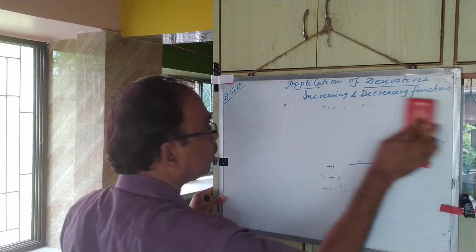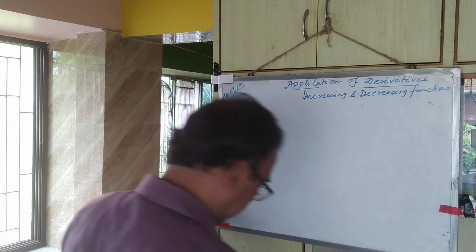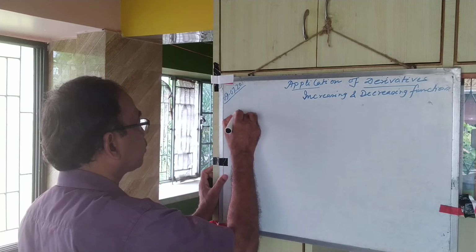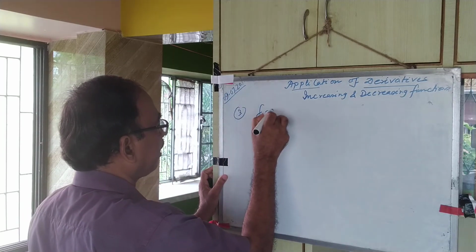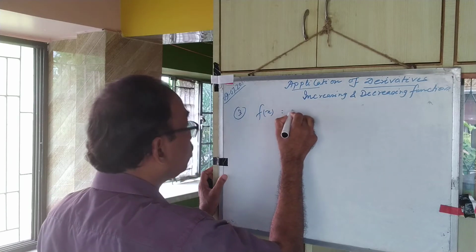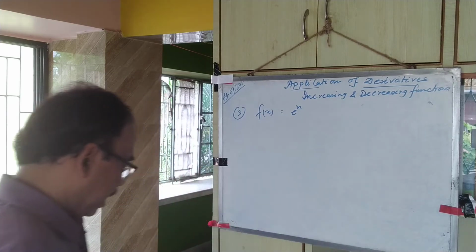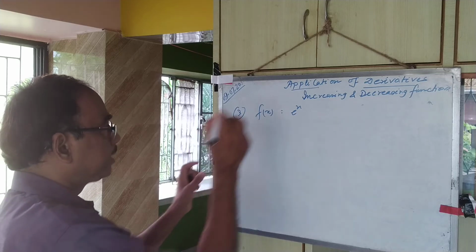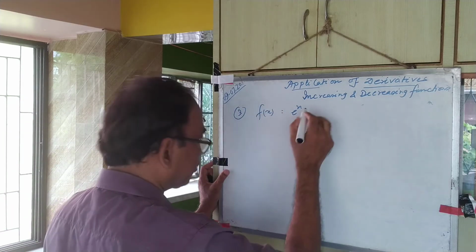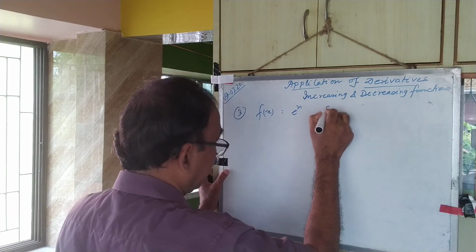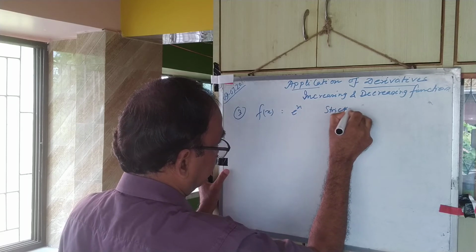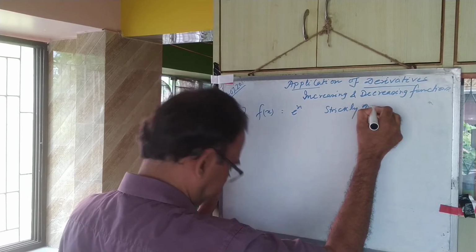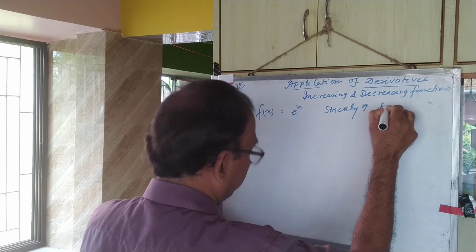Now I am going to explain another thing, when there is no interval. Sum number 3: f(x) equals e to the power x.